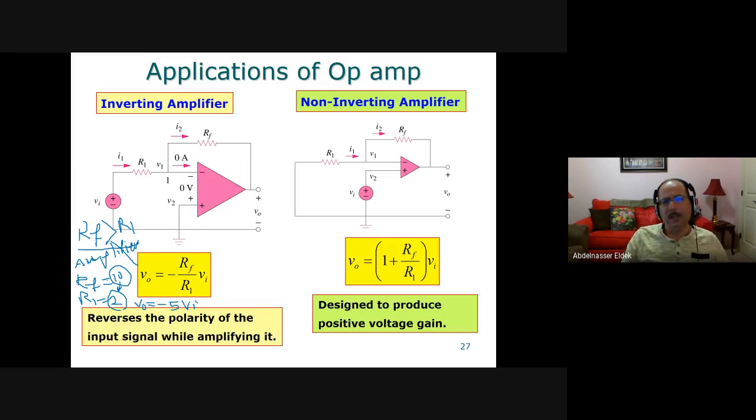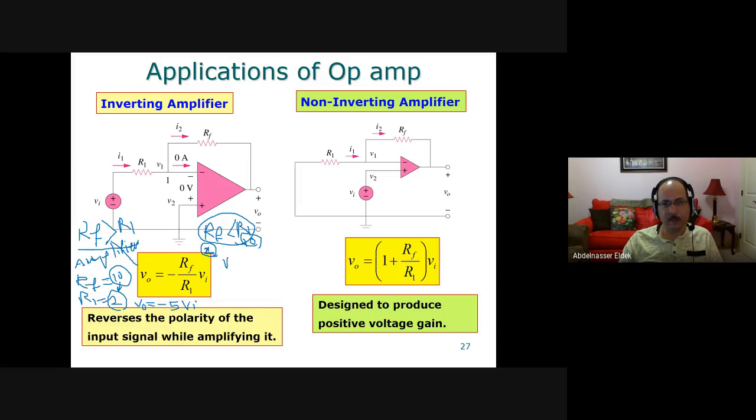So what if RF is less than R1? If RF is less than R1, then in this case the output is less than the input in amplitude. So again, assume, for example, RF is 2 and R1 is 10. What is the relation between the output and input?